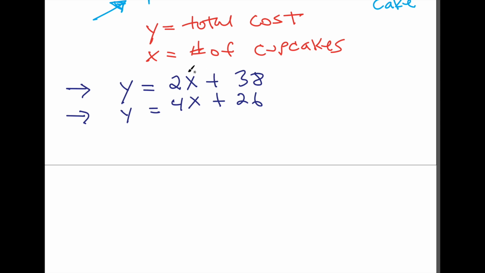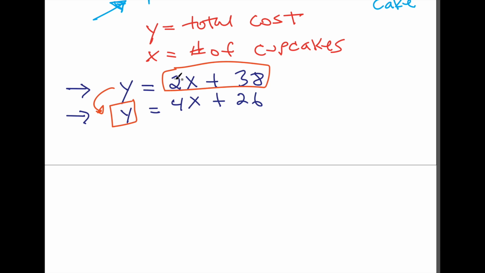So all you have to do is put this right here, which represents y, because it says y equals that. And this right here is also y. Because we're trying to find at what number of cupcakes the price is the same, the cost is going to be the same.